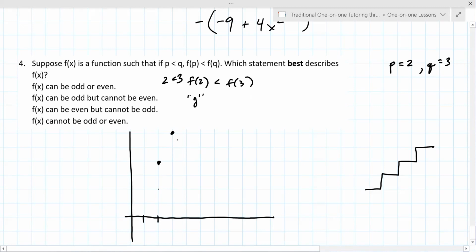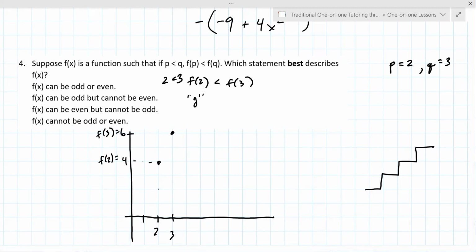So this is 2, this is 3, this is f of 2, which we know to be 4, and this is f of 3, which we're just calling 6. We're just picking some numbers, because that's the only way as a student learning this for the first time you even have a chance. We don't know what's happening in between, but let's see if we can answer this question.